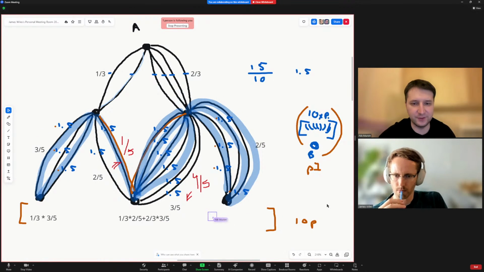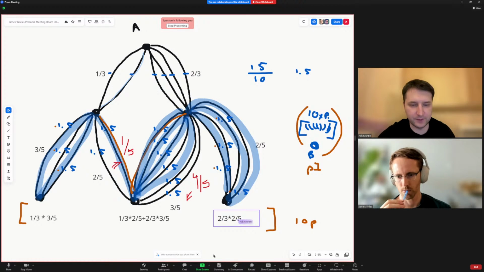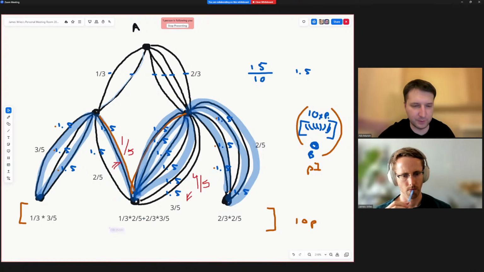And here you can do thirds times thirds, like this. This should sum up to 1, right? Hopefully. Five. So that's 0.2 on the left.